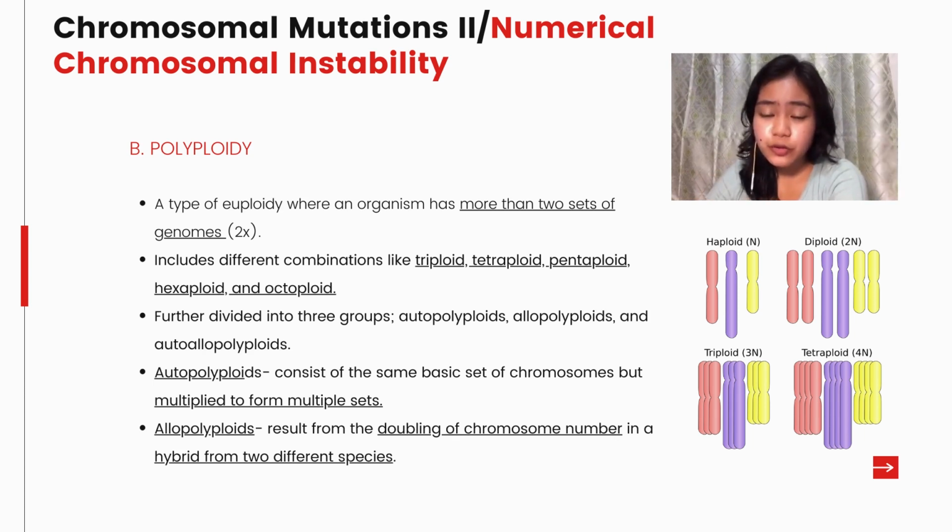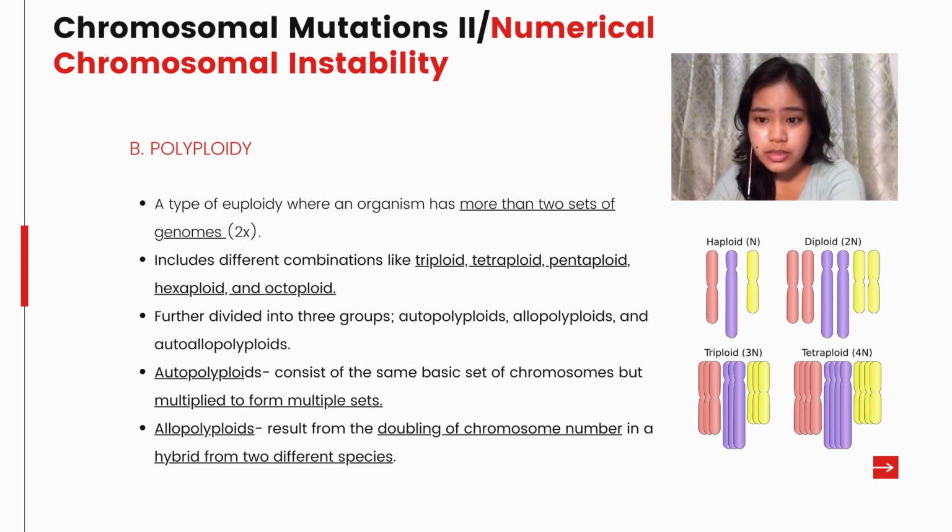Polyploidy is a type of euploidy where an organism has more than 2 sets of genomes. Polyploidy includes different combinations like triploid, tetraploid, pentaploid, hexaploid, and octoploid. Polyploidy can be further divided into 3 groups, namely autopolyploids, allopolyploids, and autoallopolyploids.